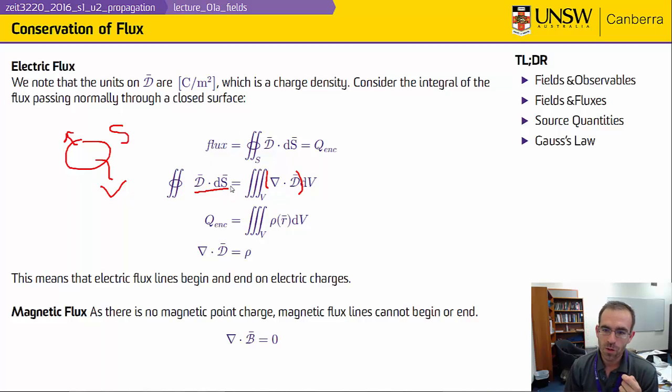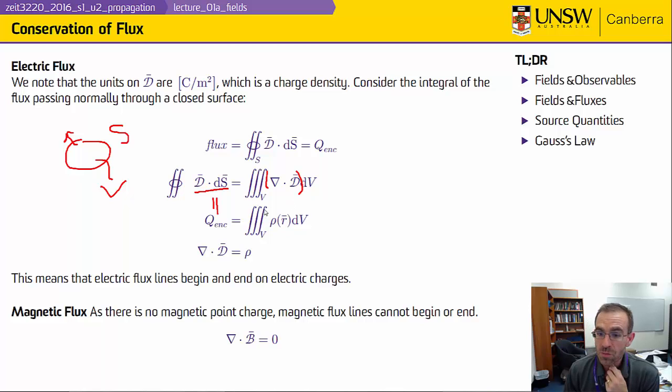We know the quantity on the left is equal to the total charge enclosed, and the total charge enclosed is equal to the volume integral of the volume charge density. So the left-hand sides are equal, which means the right-hand sides had to be equal.